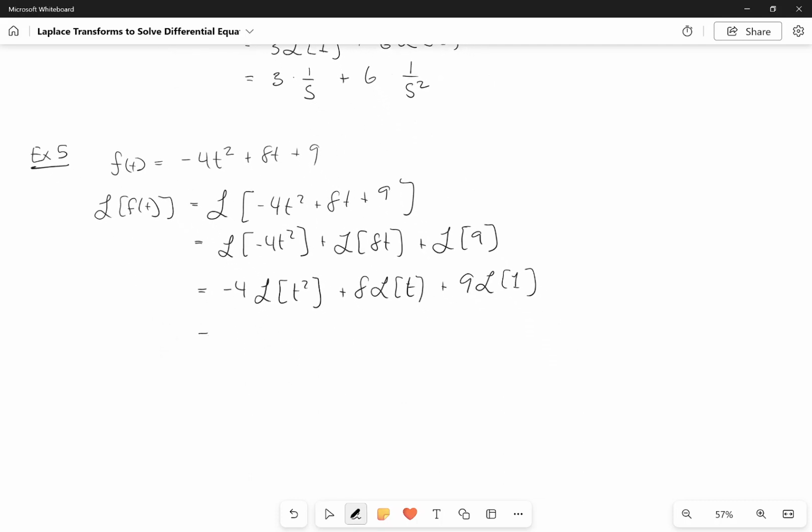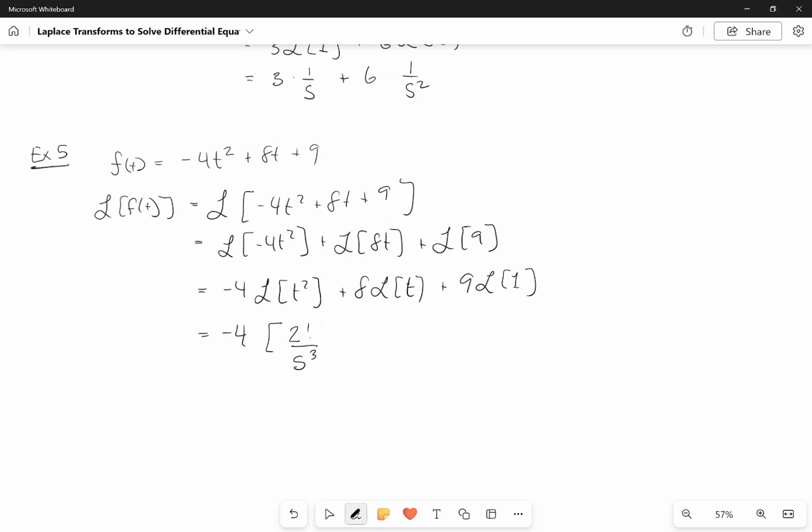Okay, we got negative 4. When you look in the table, you have t to the n, which is n factorial over s to the n plus 1. So what we have is n is 2, so we have 2 factorial over s to the 2 plus 1, which is 3.